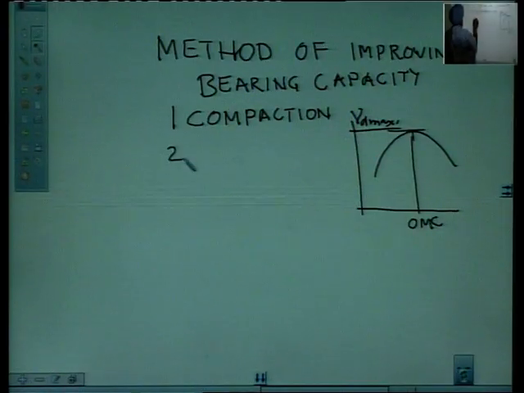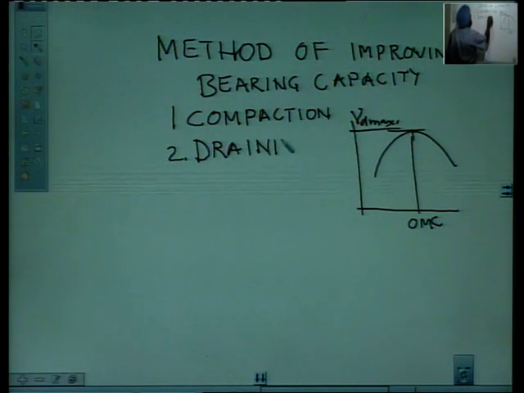Then the second is draining the soil. Whether the structure is an earthen dam or a building, drainage should be very clear. Water logging should not be there, then we can improve the bearing capacity of soil. Then third, you drive sheet piles.